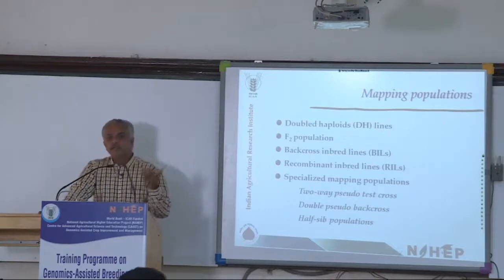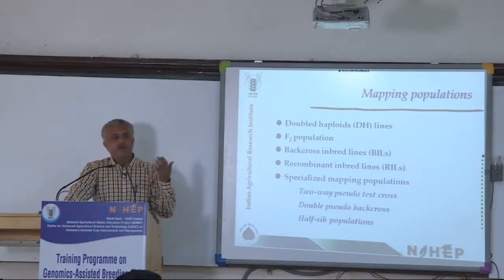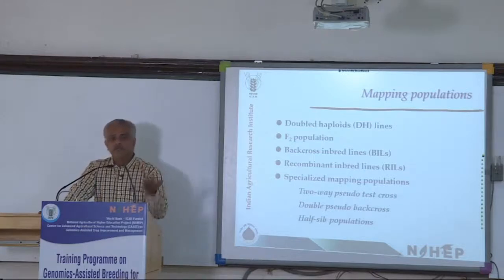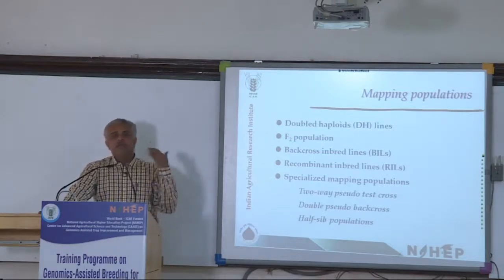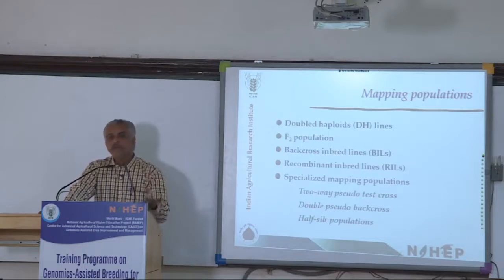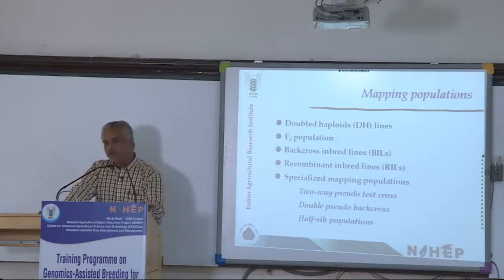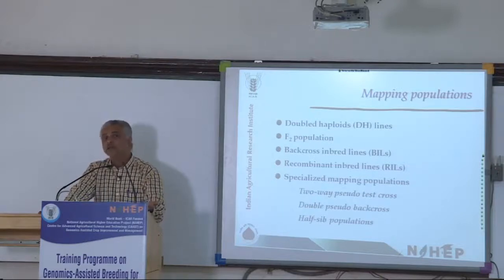So, as yesterday I think you have been told, the LOD of 3 is used. The LOD of 3 means the likelihood of having the association is 1000 times more than that of not having the association.